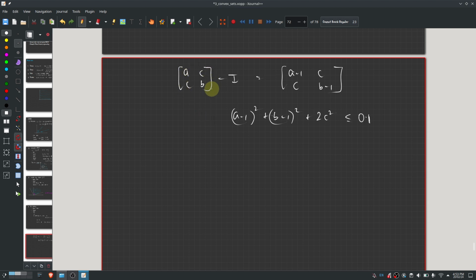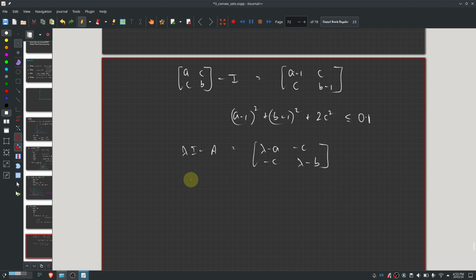What would be the characteristic equation for this? Okay, so lambda I minus A would be lambda minus a, minus c, minus c, lambda minus b.